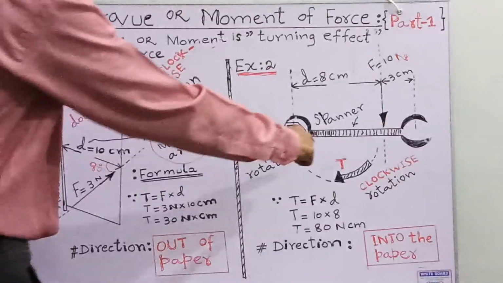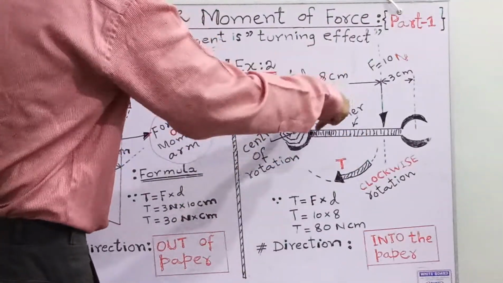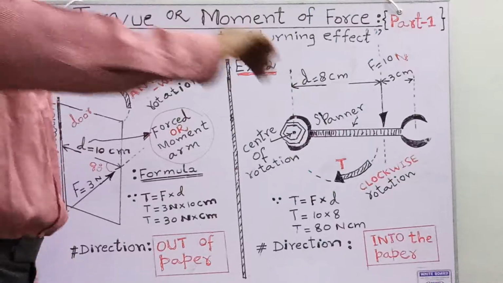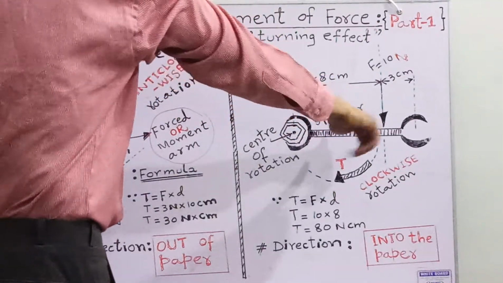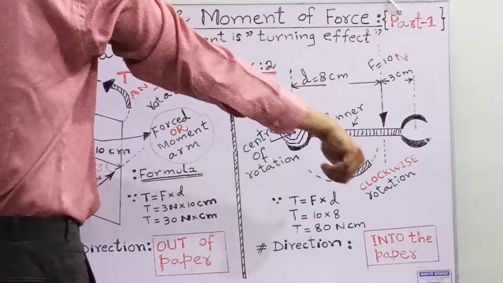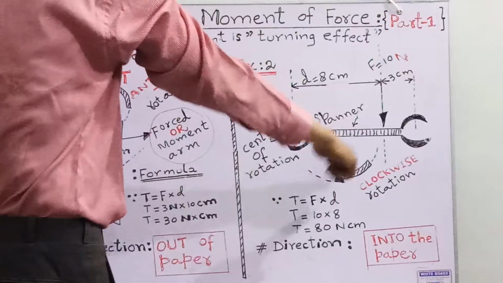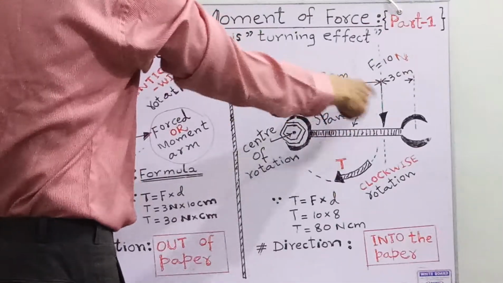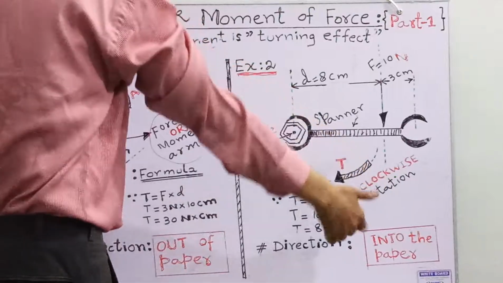Similarly, when the rotation of the body is clockwise, the thumb is pointing inward, meaning into the paper. Hence when the rotation is clockwise, the direction of the torque is always into the paper.